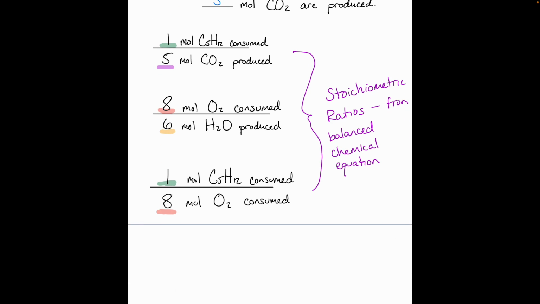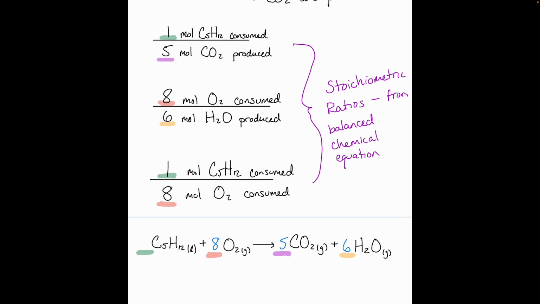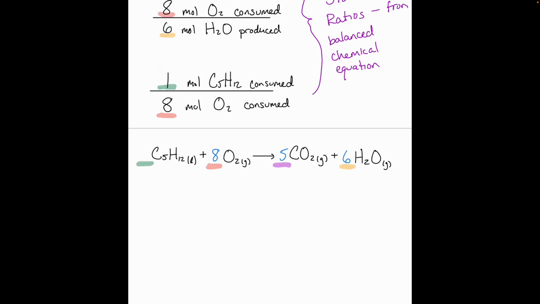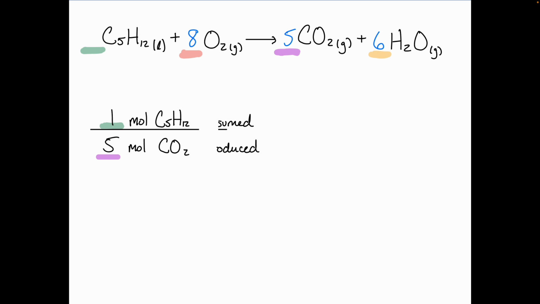So when we do our stoichiometric ratios, it's overkill to write the words consumed and produced. So really what you will see for a stoichiometric ratio is just, from your balanced chemical equation, the coefficient moles of C5H12 over moles of CO2. We know what's being consumed and what's being produced from our balanced chemical equation.